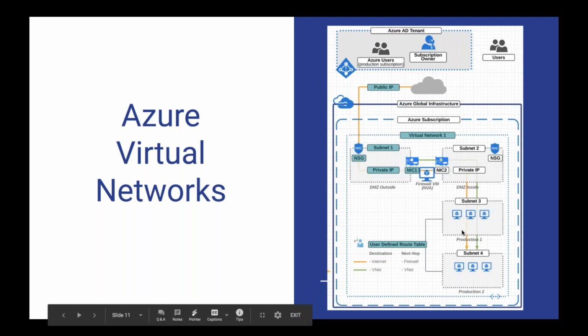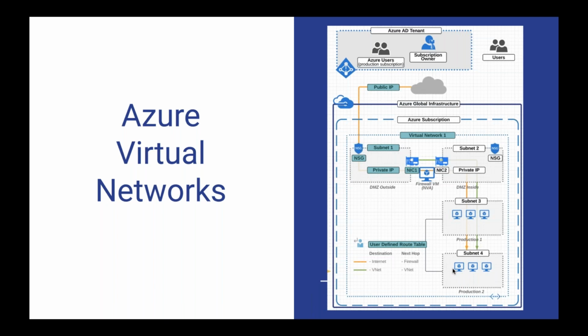All these subnets can communicate by default if they are created in the same virtual network. Okay, but let me say you want to control the flow of information passing between these networks.